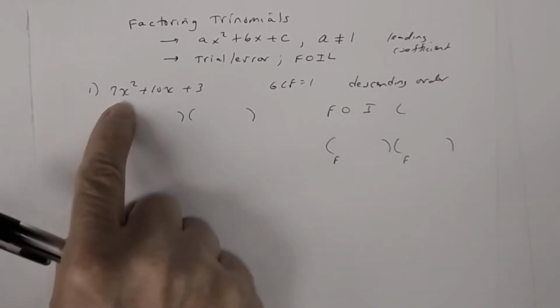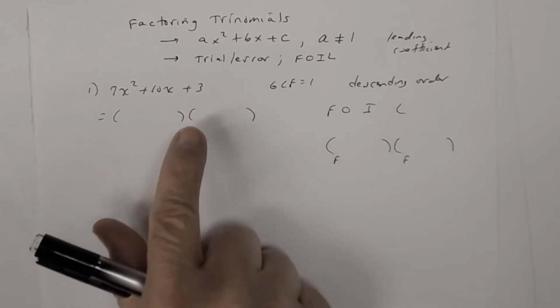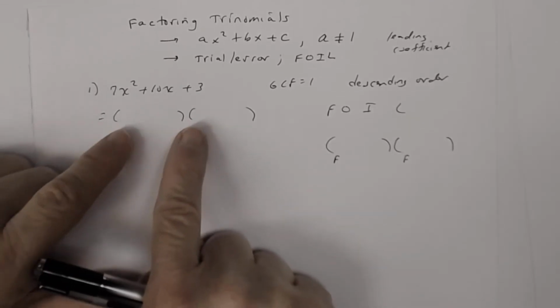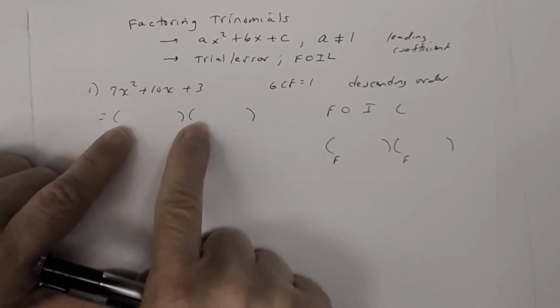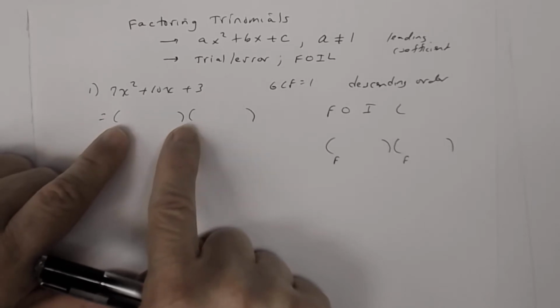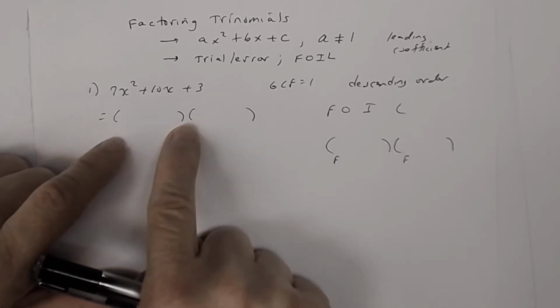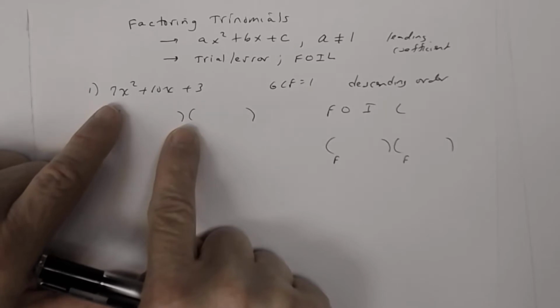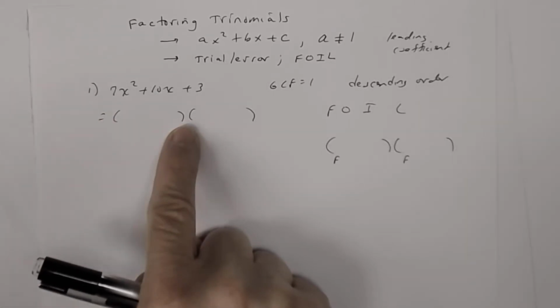So here's the question: what are the possibilities for these two terms when multiplied together to give you 7x squared? Notice that 7 is prime. So always think like this: 7 is a prime number, so there's only one way to get a product of 7, and that's 7 times 1. The factors of 7 are 7 and 1. That's the only possibility.